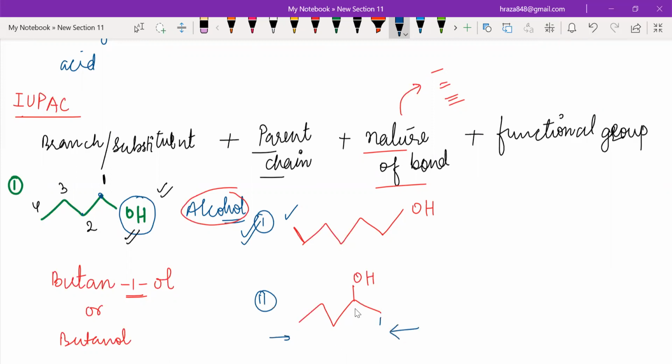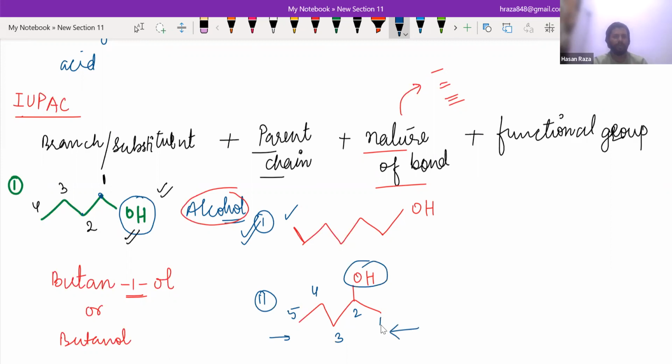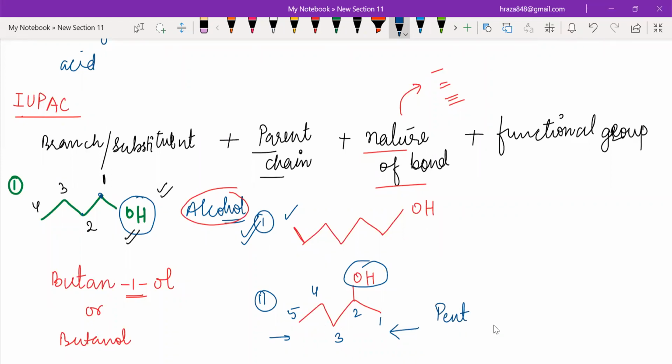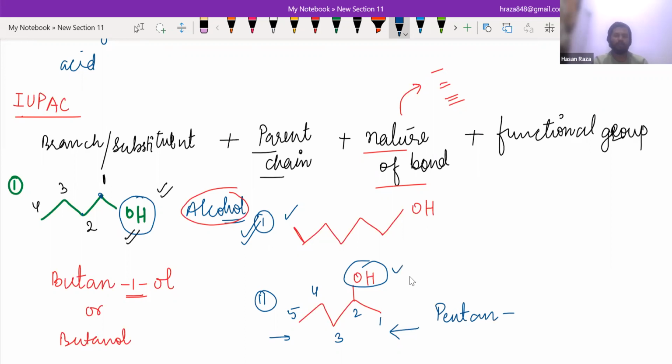Right side. 1, 2, 3, 4, 5. Is there any branch? No branch, sir. This is the functional group. No branch, so directly jump to the parent carbon. How many carbon? 5, so pent, and all are singly bonded, so pentane. And which position is the alcohol taking? Second. So 2-ol.